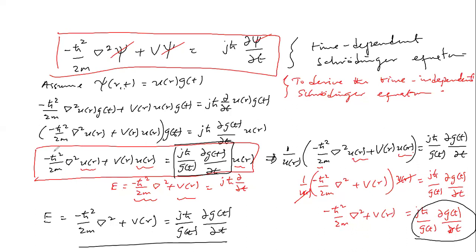It means that the whole of this expression is the same as E U of R. So let us write this: negative ħ squared over 2m del squared plus V of R, acting on U of R, is the same as E U of R.